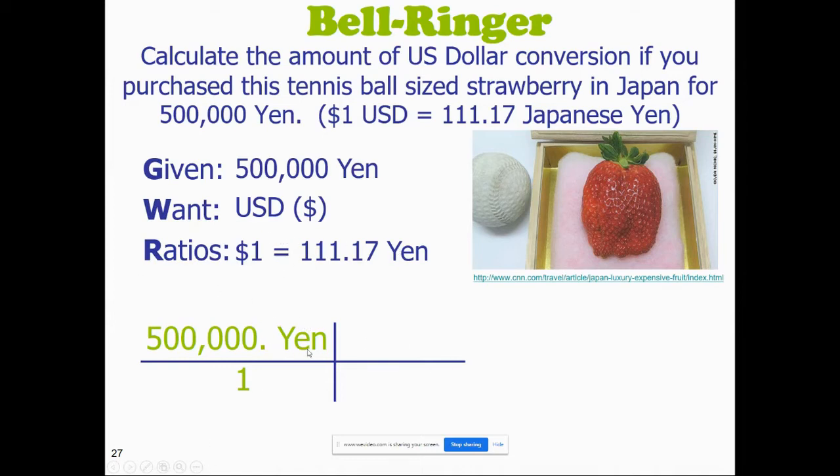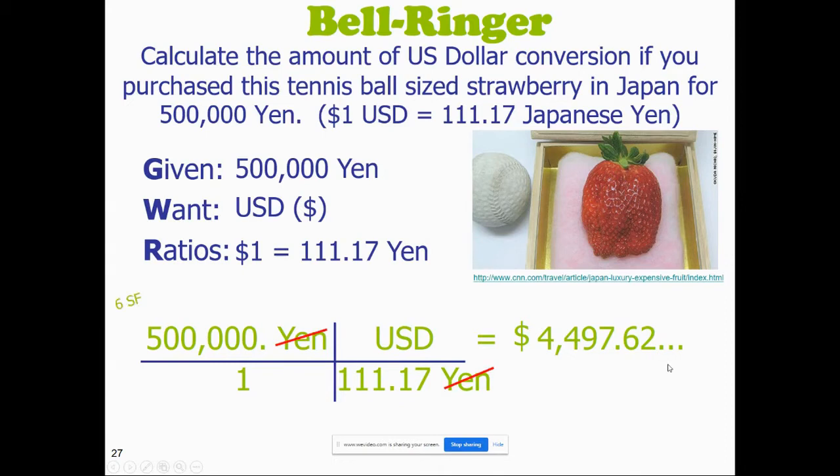Well, we want the yen to cancel out, so we're going to put this on the bottom, and we're going to put the dollar on the top. Yen on the bottom, so they cancel out. So if we use the yen part, we have to use the other part as well. That will go on the top, $1. You enter that into your calculator, and you get 4,497.62 yen. I mean, dollars.